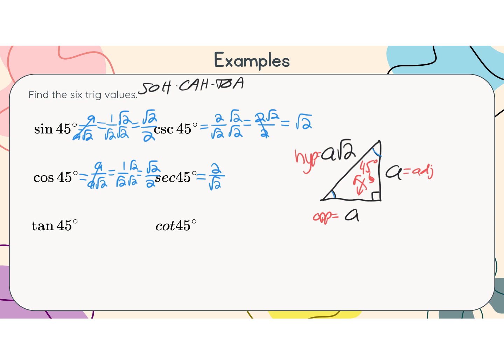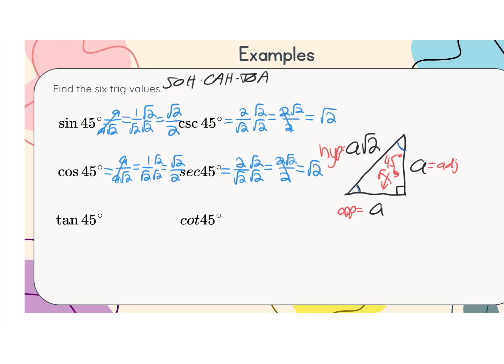We get 2 over square root of 2, and then when you rationalize, we get 2 square root of 2 over 2. And then the 2's cancel out, and we're just left with the square root of 2. So sine and cosine are exactly the same. Cosecant and secant are exactly the same at a 45-degree angle.